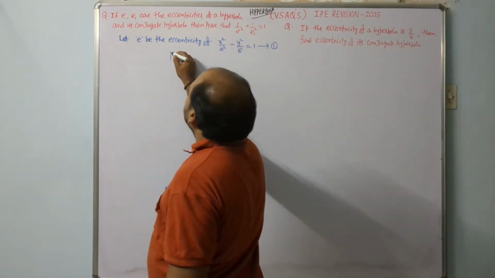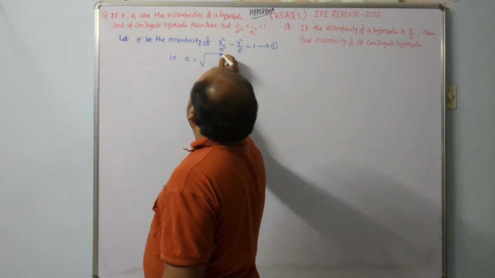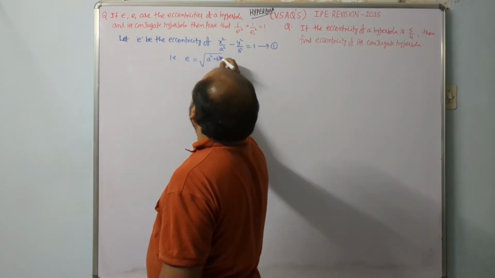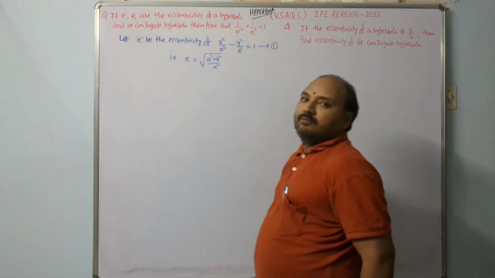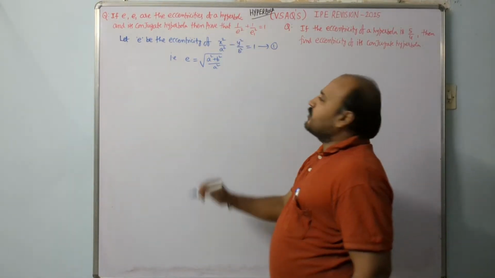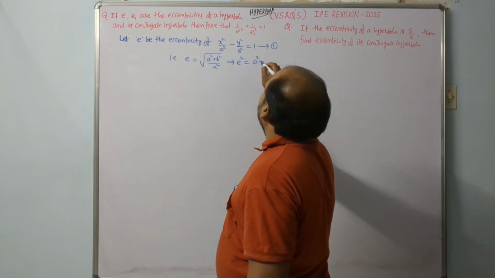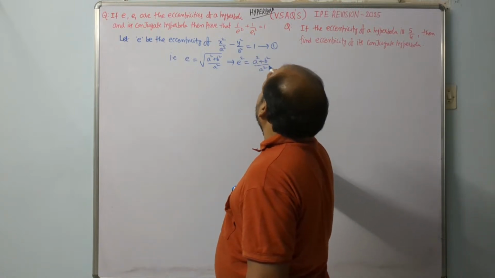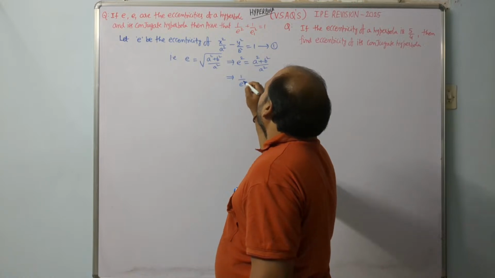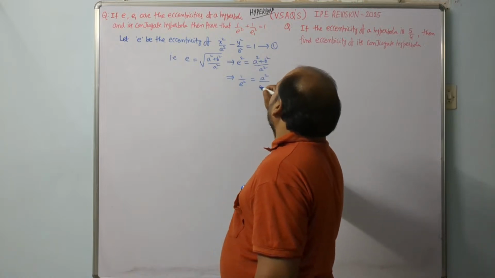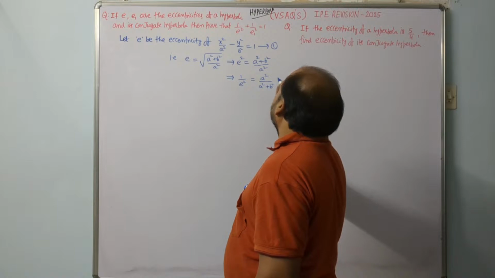That is, e equal to root over a square plus b square by a square. From this result I want 1 by e square now. So e square equal to a square plus b square by a square. Write the reciprocal: 1 by e square equal to a square by a square plus b square.